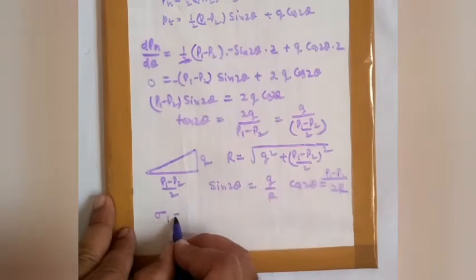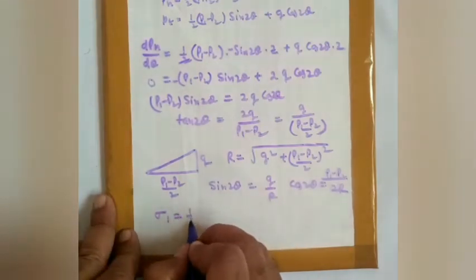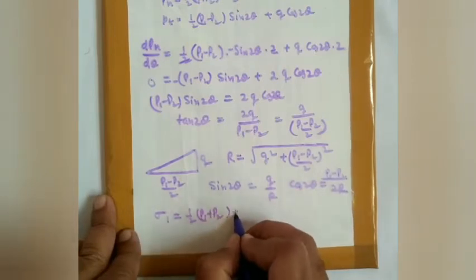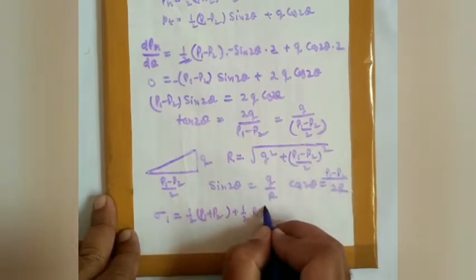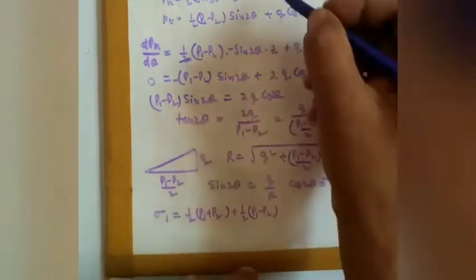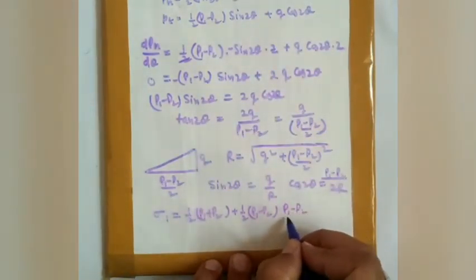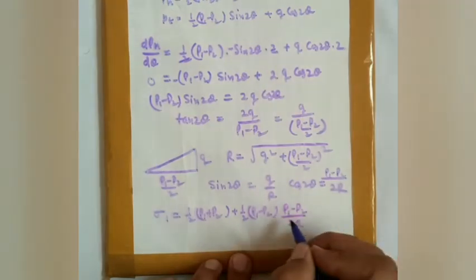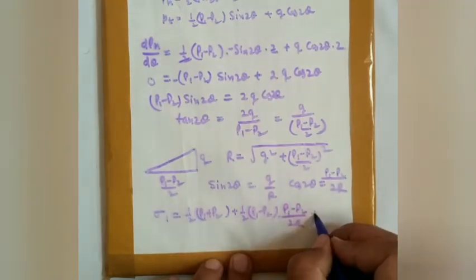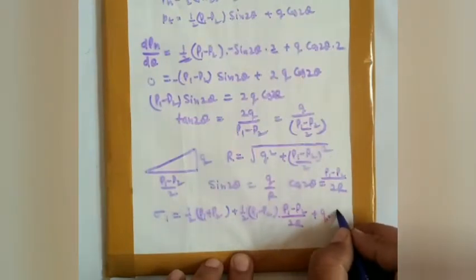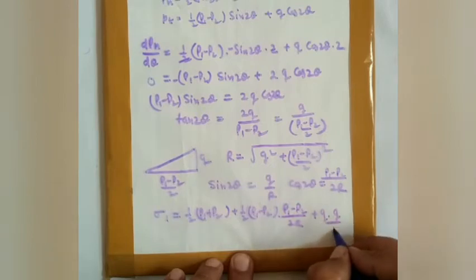So we can write sigma 1 is equal to 1 by 2 (P1 plus P2) plus 1 by 2 (P1 minus P2) into cos 2 theta, plus q into sine 2 theta. Putting the value of cos 2 theta, (P1 minus P2) by 2r, and the value of sine 2 theta, we have q into q by r.